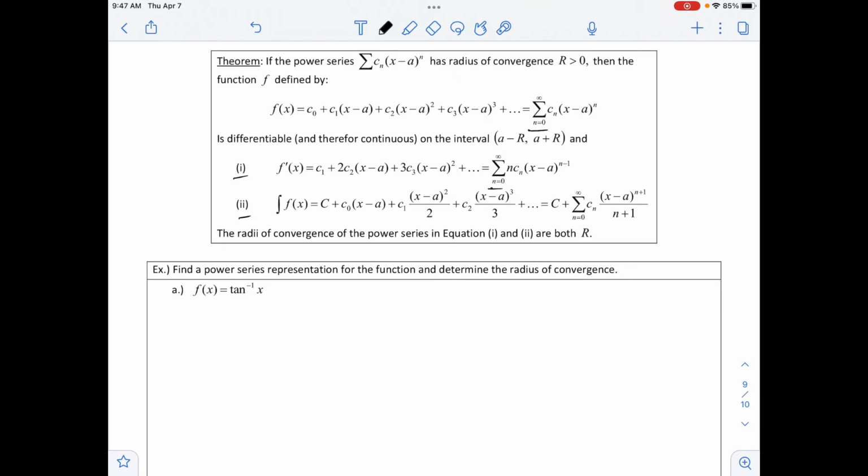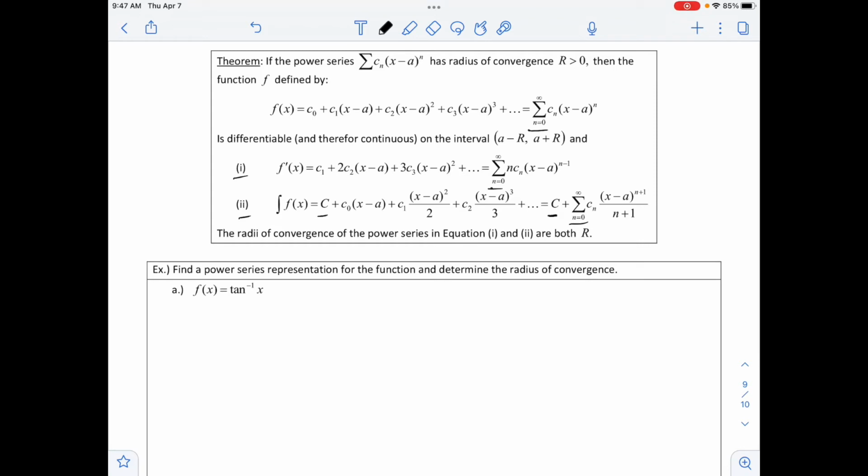So part 2 says the integral of f of x will equal, and c is going to be our constant, and that's a capital C, not a lowercase c, plus c0 times x minus a plus c1 times x minus a squared over 2 plus c2 times x minus a cubed over 3 plus and so on is going to be equal to that constant plus the sum from n equals 0 to infinity of c sub n times x minus a to the n plus 1 power, all divided by n plus 1.